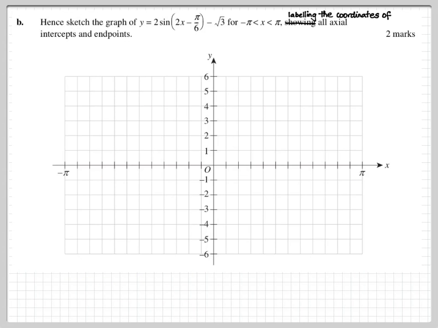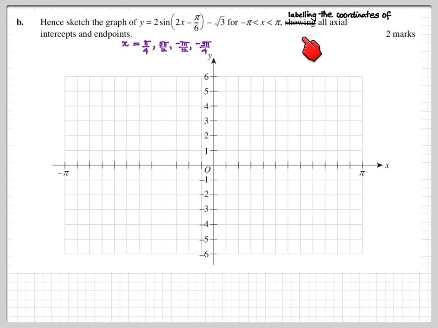So in 3b we've got a graph that we've got to sketch, and it's the same function as we had to find the solutions for, which is kind of handy because the solutions that we found are actually the x-intercepts. So we can put those on the graph almost straight away. Now I've got a little change here in that instead of calling it showing all axial intercepts, I've written it as labelling the coordinates of.